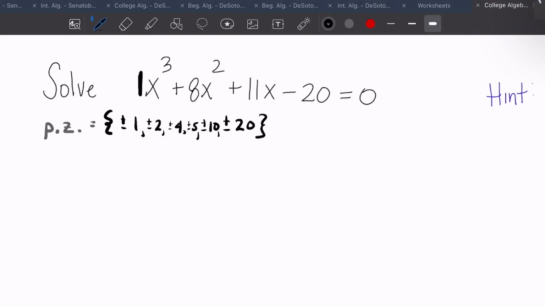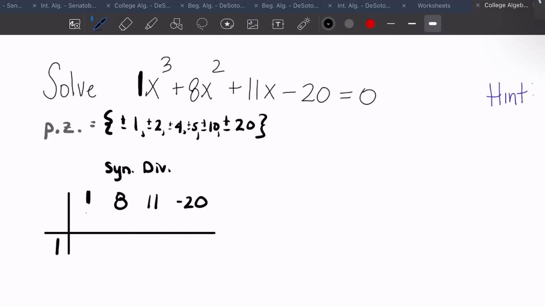Now use synthetic division. We'll start with 1. 1, 8, 11, negative 20.